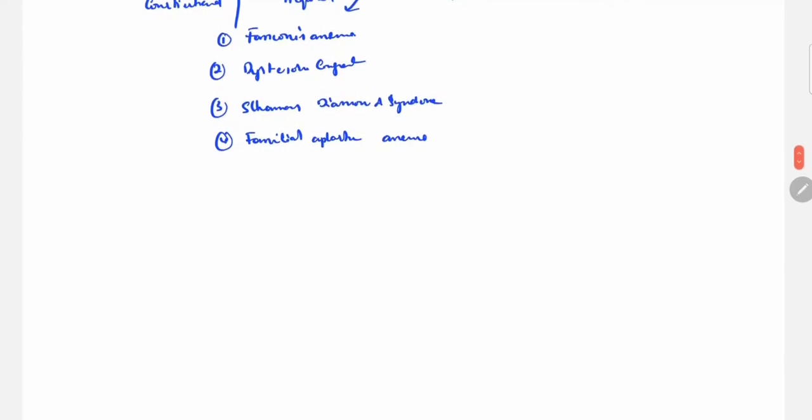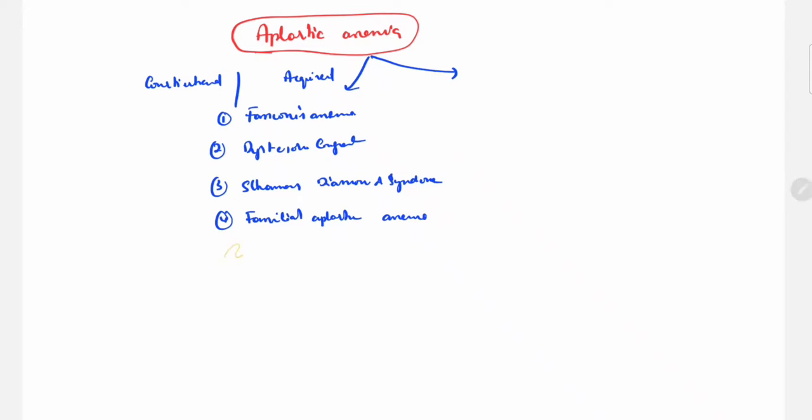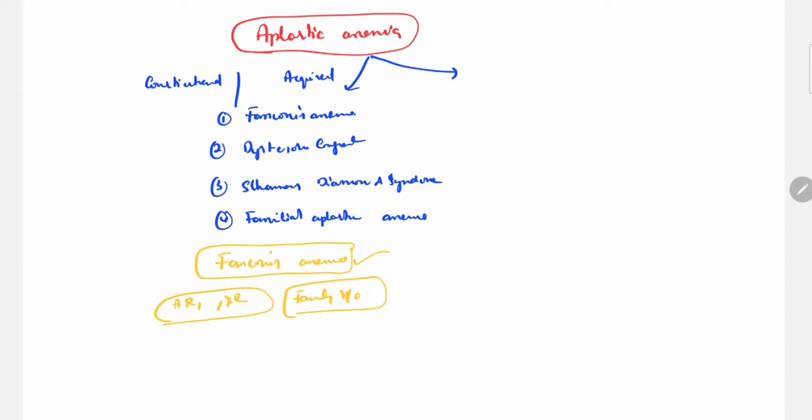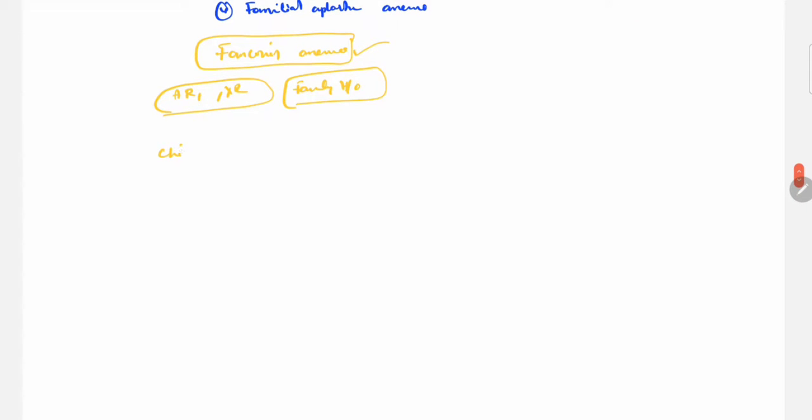Let's know something about Fanconi anemia. Fanconi anemia is mostly an autosomal recessive disorder. Sometimes it is X-linked recessive. So there will be a positive family history. The presentation is usually in childhood.